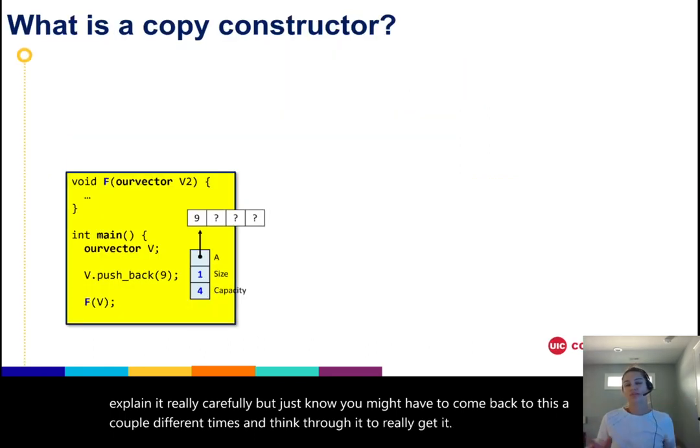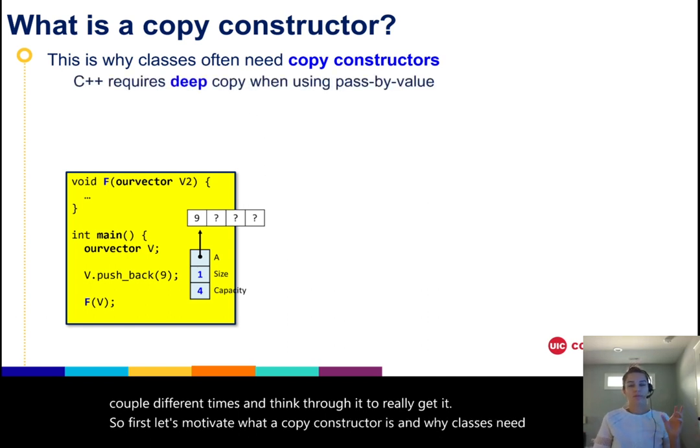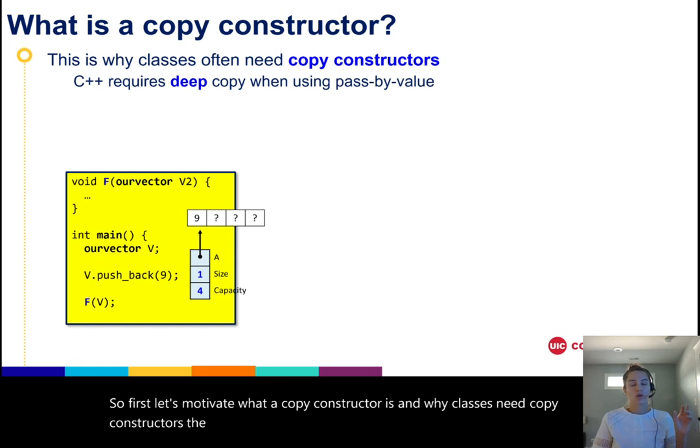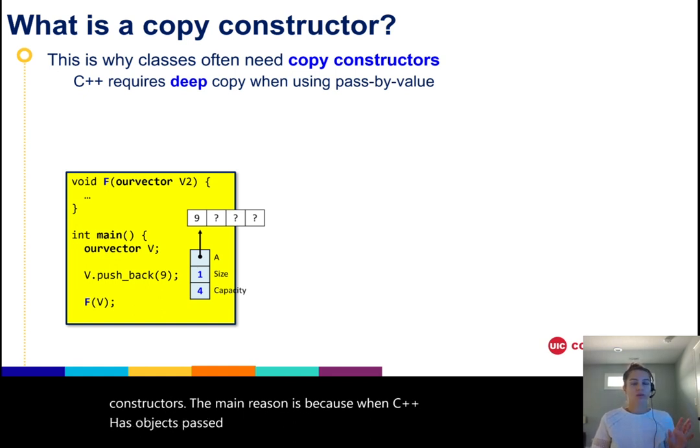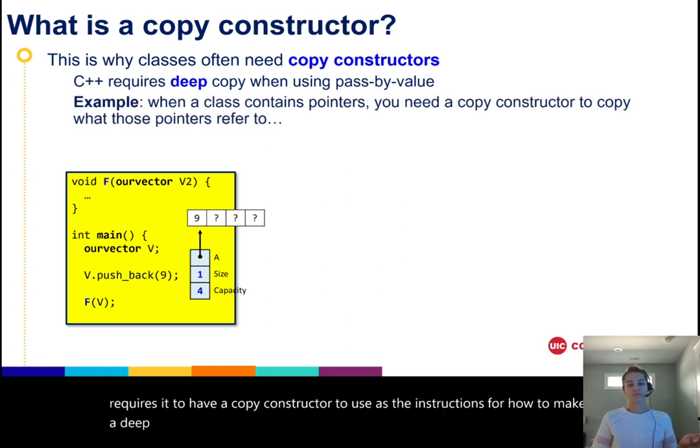So first, let's motivate what a copy constructor is and why classes need copy constructors. The main reason is because when C++ has objects passed in by value, it requires C++ to make a deep copy, which requires it to have a copy constructor to use as the instructions for how to make a deep copy of an object.